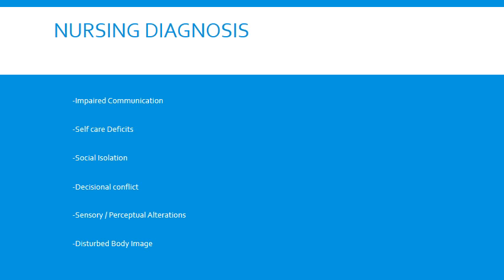Sensory and perceptual alterations. This would include an alteration in all those 5 senses that we talked about, with the hallucinations. This could also include illusions. This could also include body image disturbance. Sometimes people with schizophrenia will have odd ideas about their body and almost see their body as an illusion, like my arm melds in.